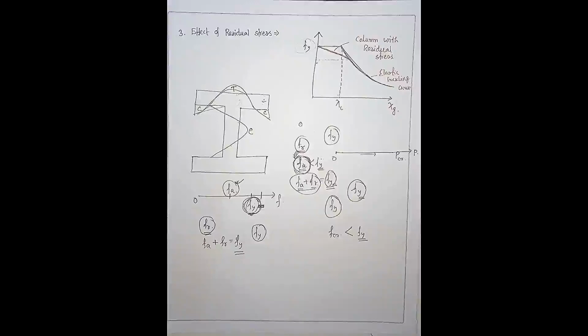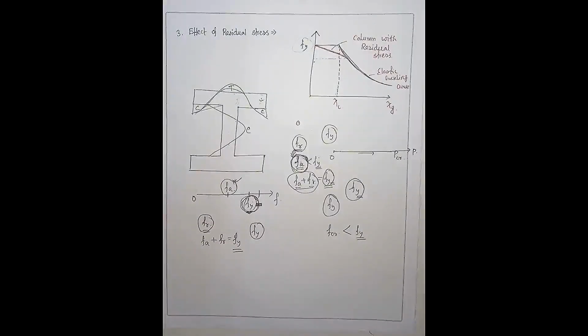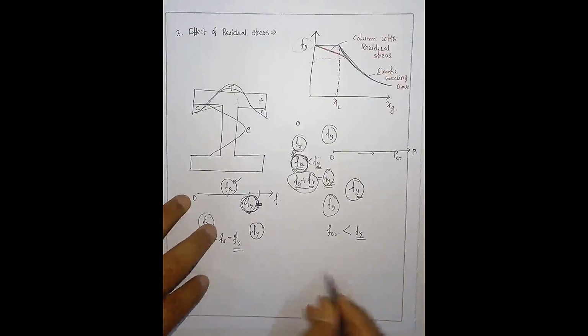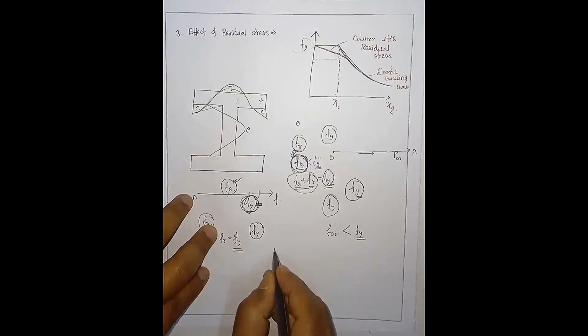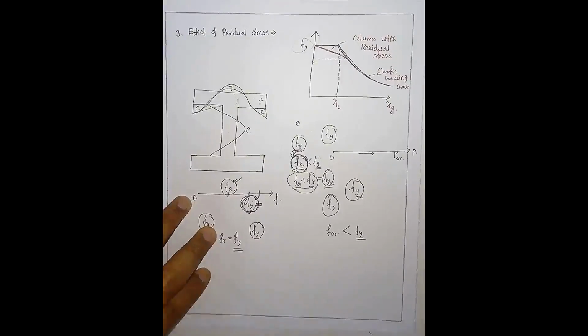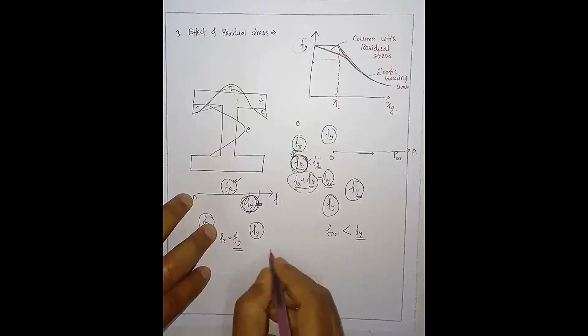Okay, so as a whole we have to add these effects and prepare one chart or graph for the strength. Let us do that. Let us select the red pen.